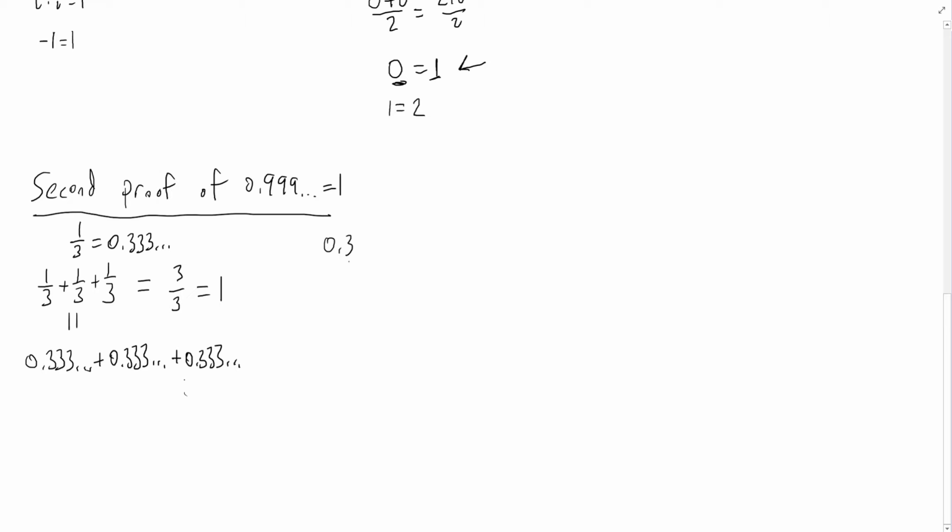If I just had 3 of these, I would get 0.9. If I had 3 of these, I would have 0.99.